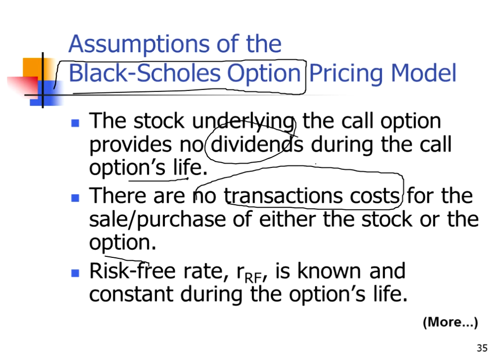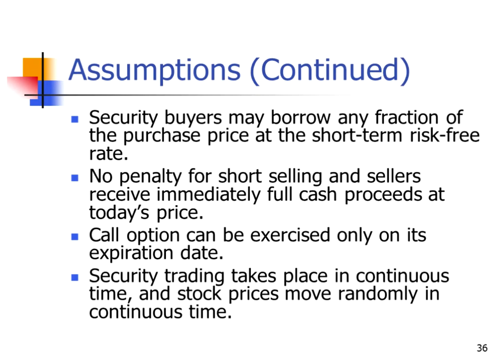The risk-free rate is known and constant during the option's life, just to make assumptions simple. Security buyers may borrow any fraction of the purchase price at the short-term risk-free rate, so there is no hindrance to borrowing funds. You are able to get it at the risk-free rate. No penalty for short selling, and sellers receive immediate full cash proceeds at today's price.